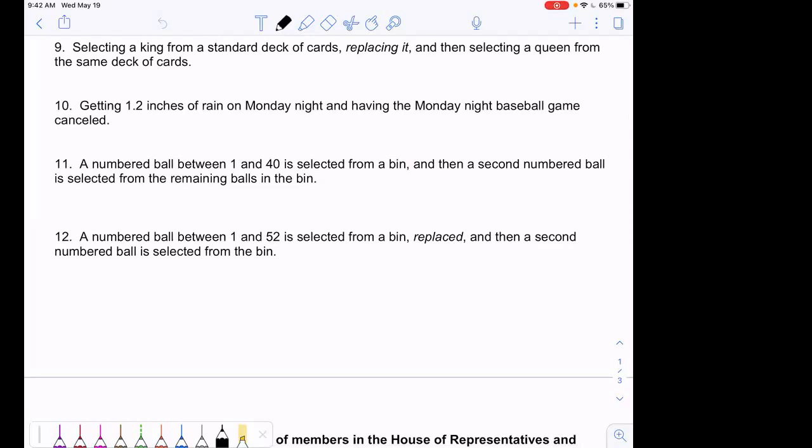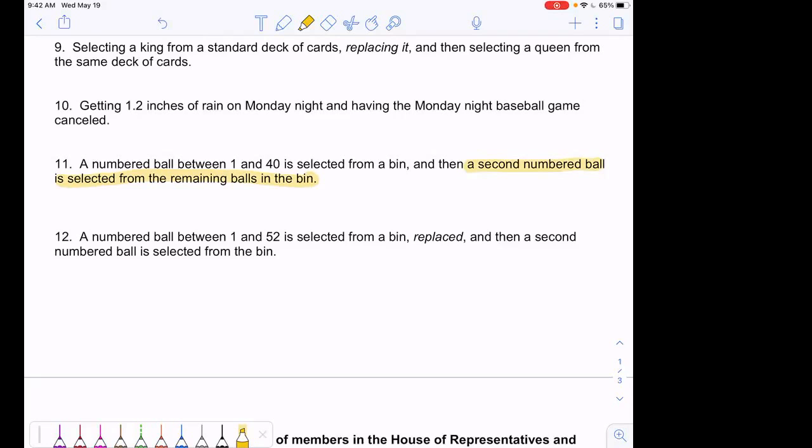And then when you play bingo, that numbered ball is set down after it's called out and another one is chosen. So one of them is selected and then a second numbered ball is chosen from the remaining balls in the bin. And the question is, is that independent or dependent?